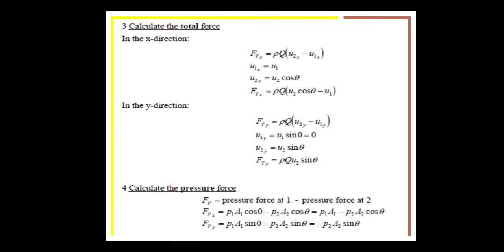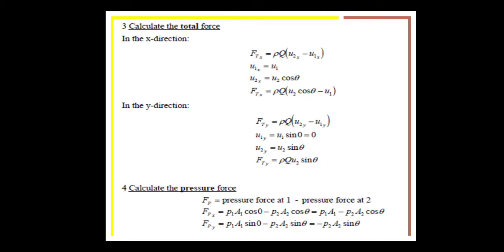Then calculate the fourth one, the pressure forces. The pressure force Fp is equal to the pressure force at section 1 minus the pressure force at section 2. Now applying this, F of Px is equal to P1 A1 cos 0 minus P2 A2 cos theta.